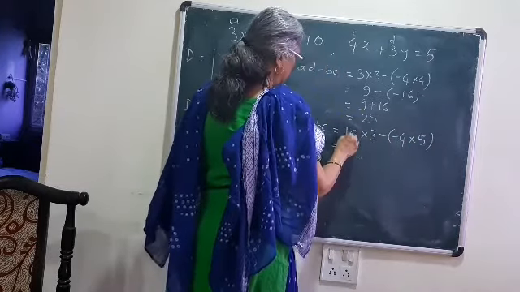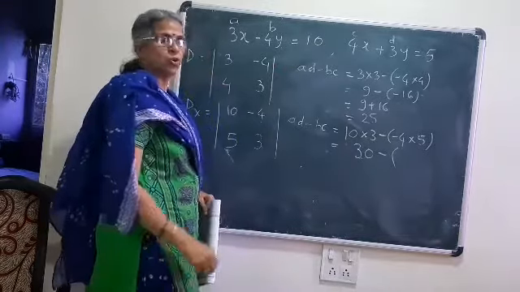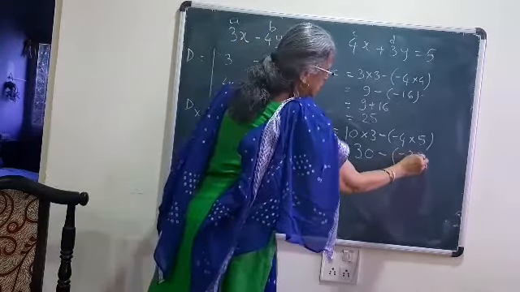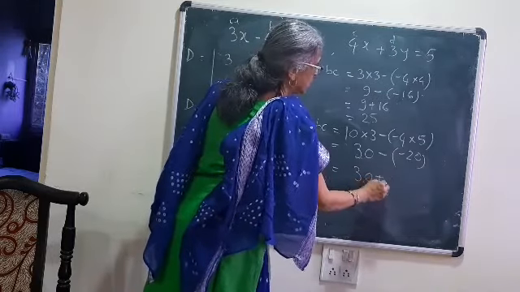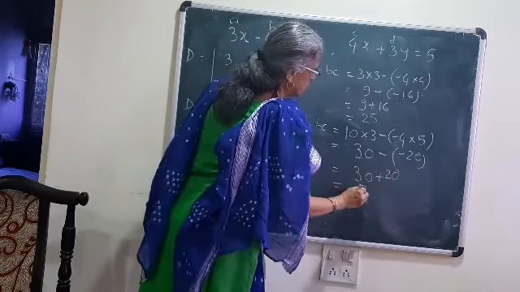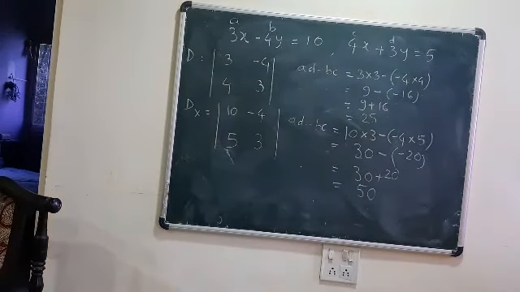So 10 into 3 will be 30 minus, 4 into 5 will be minus 20. So that will be 30 minus minus, plus 20. So that will give you 50. Alright. So that is the value of Dx.